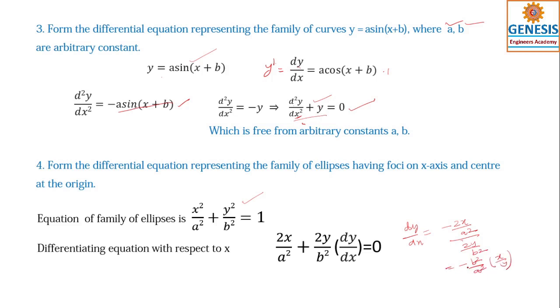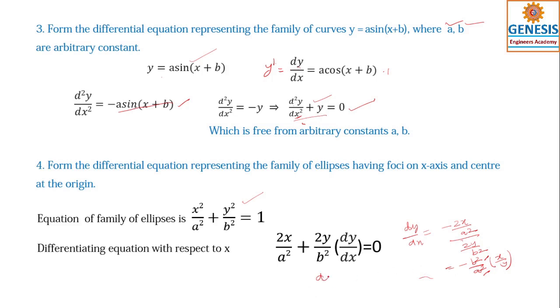Since this equation again contains the constants b and a, you have to carry out the differentiation again and then substitute all these things. That is left to you, since I have to reduce the duration of the video. I hope you understood this one. You keep b square by a square as it is and differentiate again.